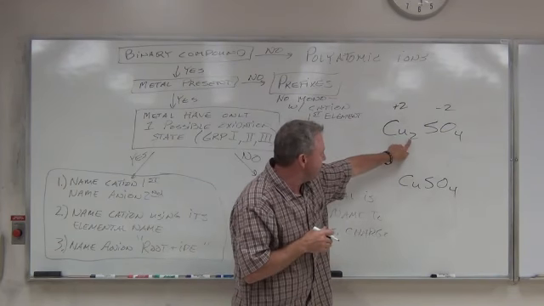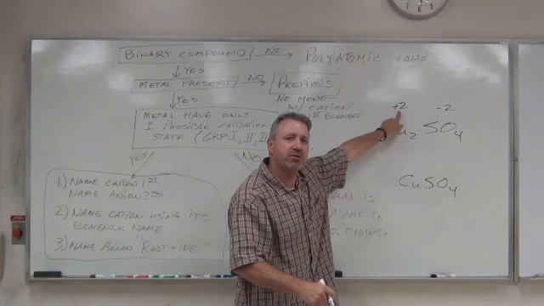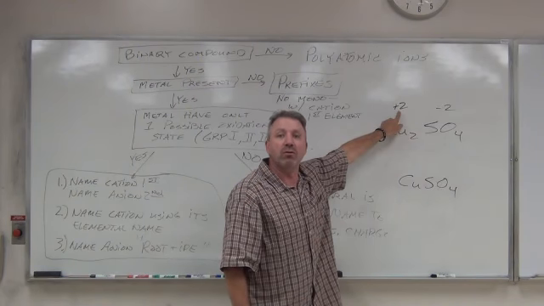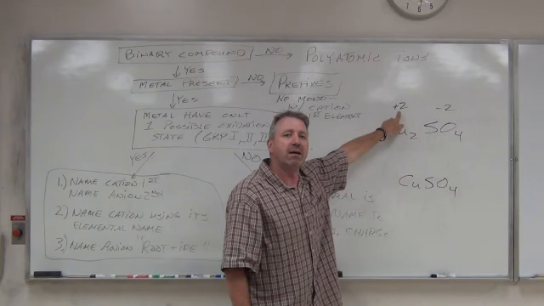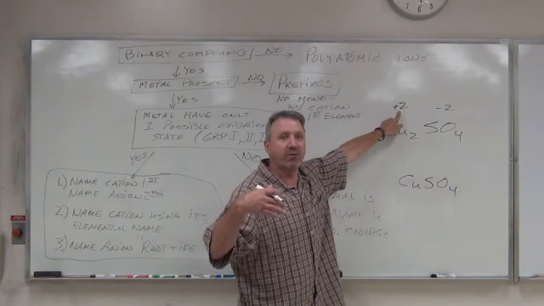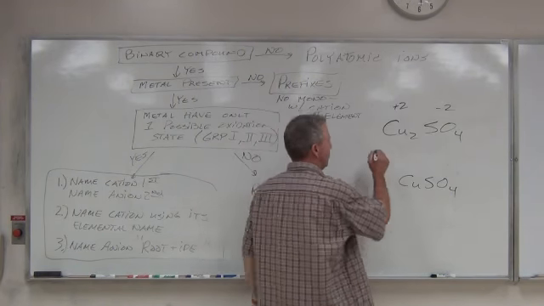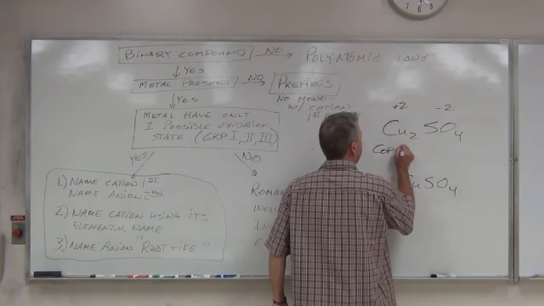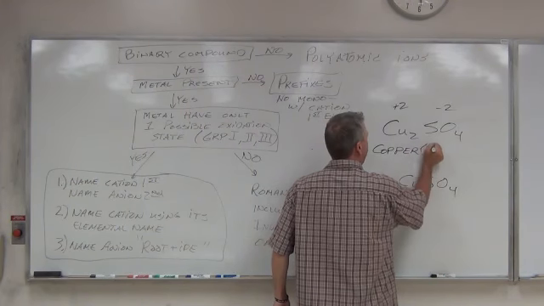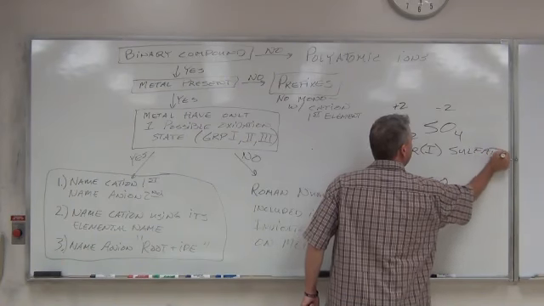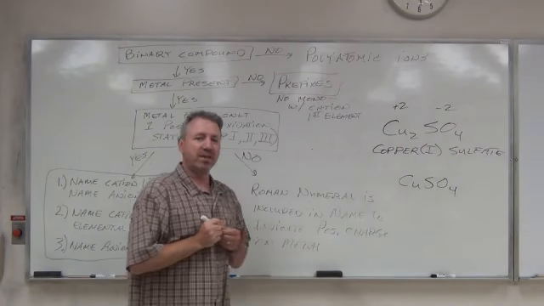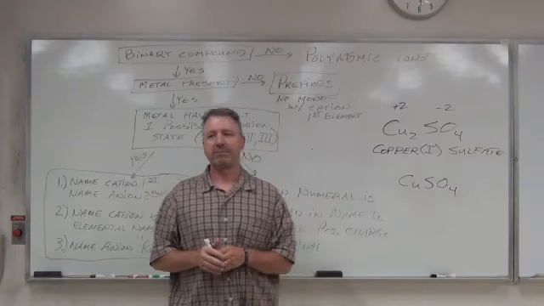How many coppers do I have to come up with that +2 charge? 2. That makes each one of them what? +1, right? So this is copper 1 sulfate. This one, of course, is copper 2.